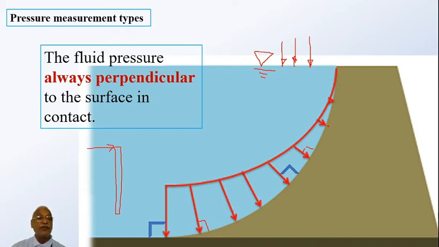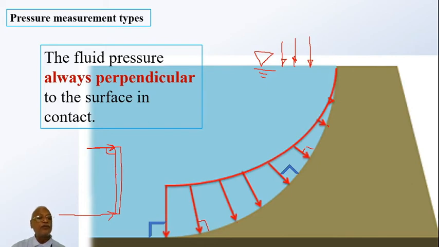The arrow I have drawn is perpendicular to the surface. Now if you talk about this point, again there is more depth of liquid, so there will be more pressure acting. But what is the direction? The direction is perpendicular to the surface, having more magnitude.